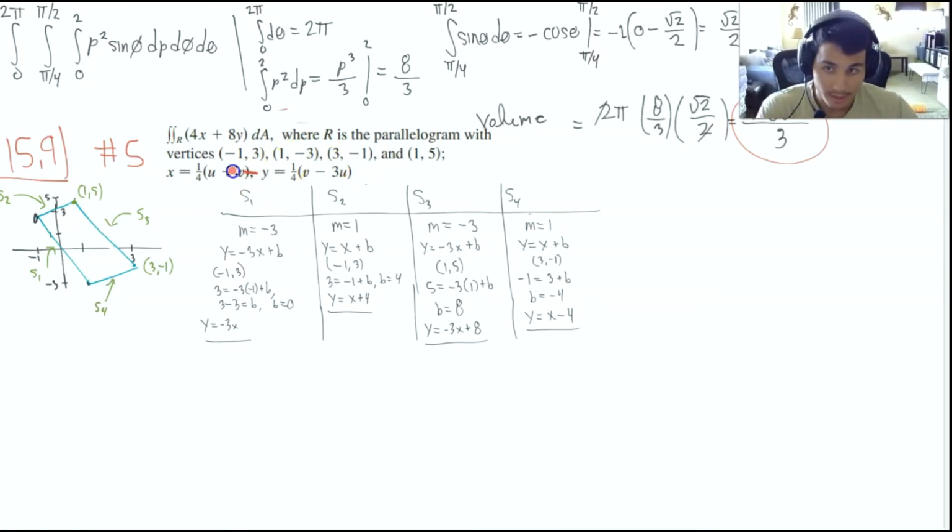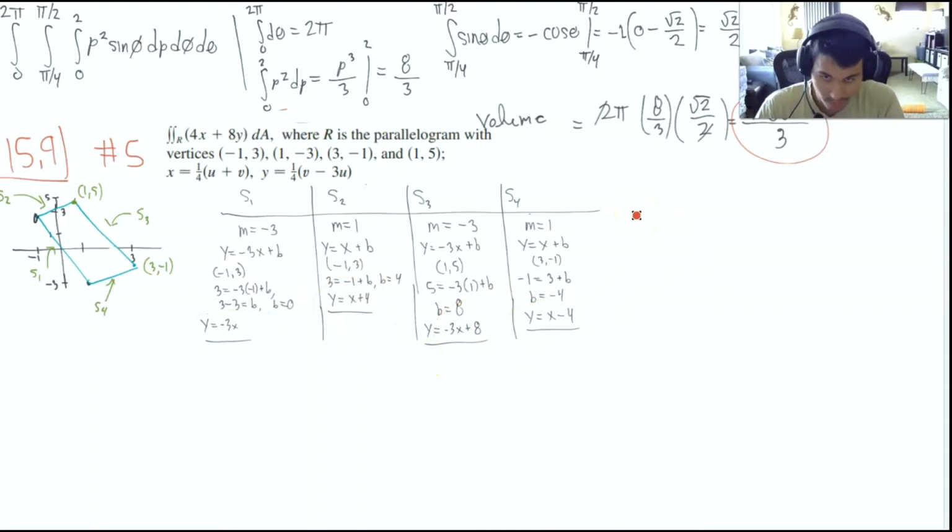Hence, these equations are purely transformation equations. You cannot use these to graph a u and v plane. You can only use these equations to graph a y and x plane. Okay, so what I'm going to do is sub these into these.